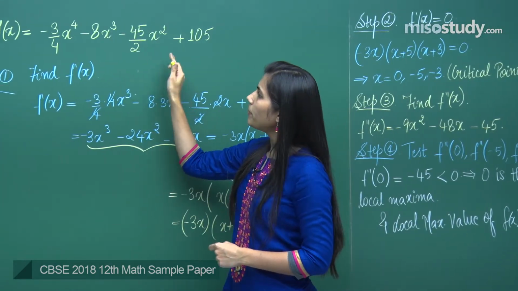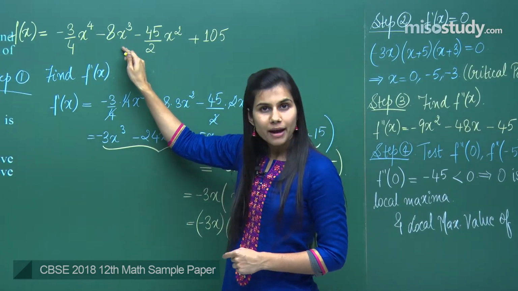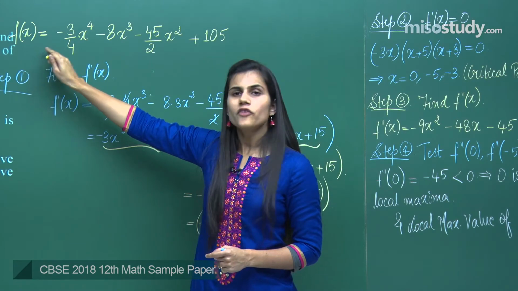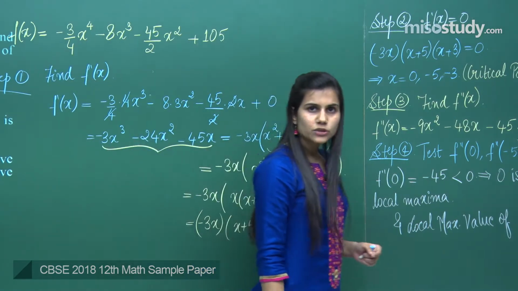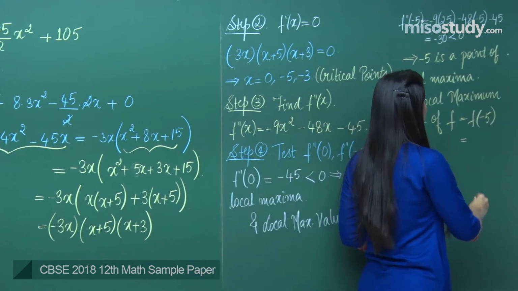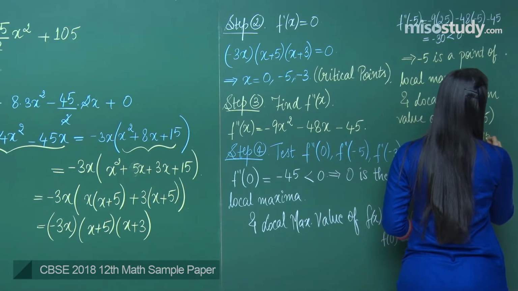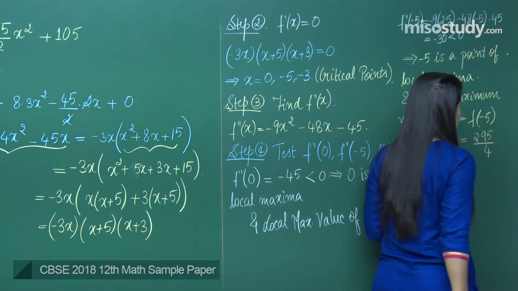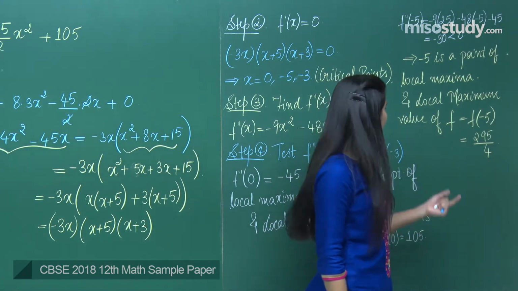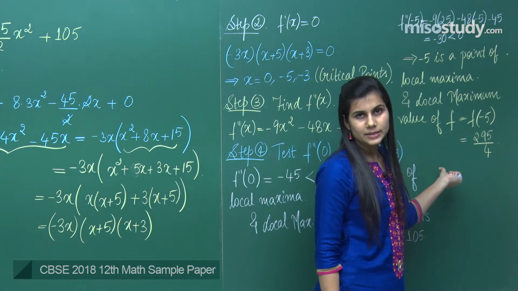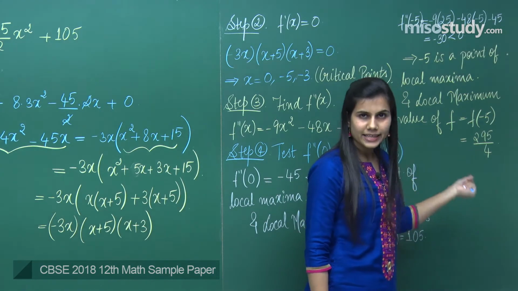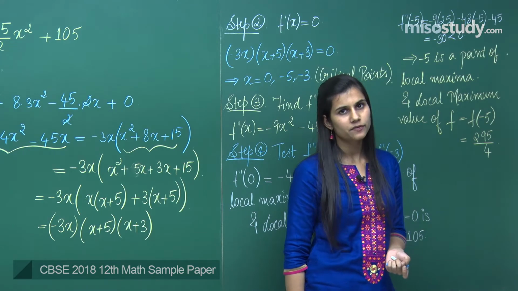Over here you plug in minus 5 at the place of x, you find out f of minus 5, that is going to deliver you with this output. And that is the local maximum value of f at x equals minus 5.